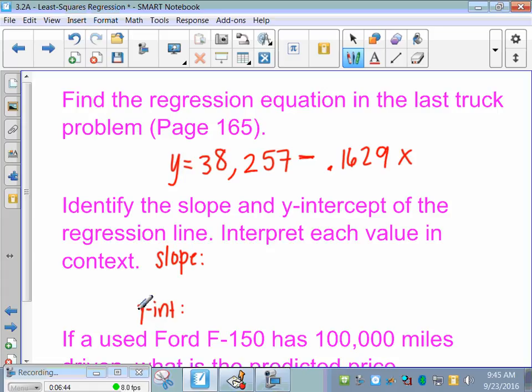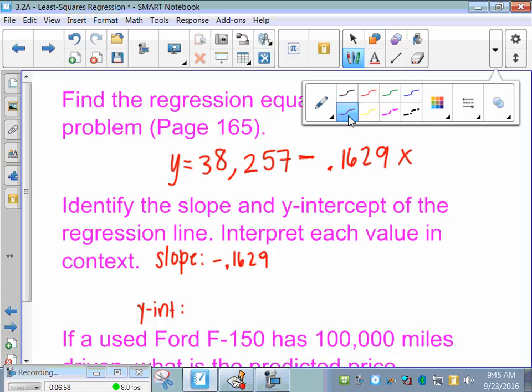Okay, so let's go with the slope. Kyle, what is the slope? Yeah, the number. Negative 0.1629. And someone else, can you interpret what that means given we're talking about miles driven and price? Abby, what do you think?